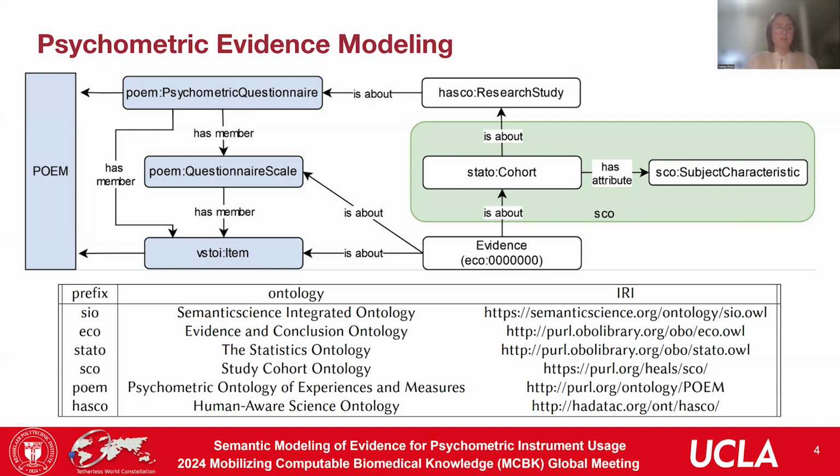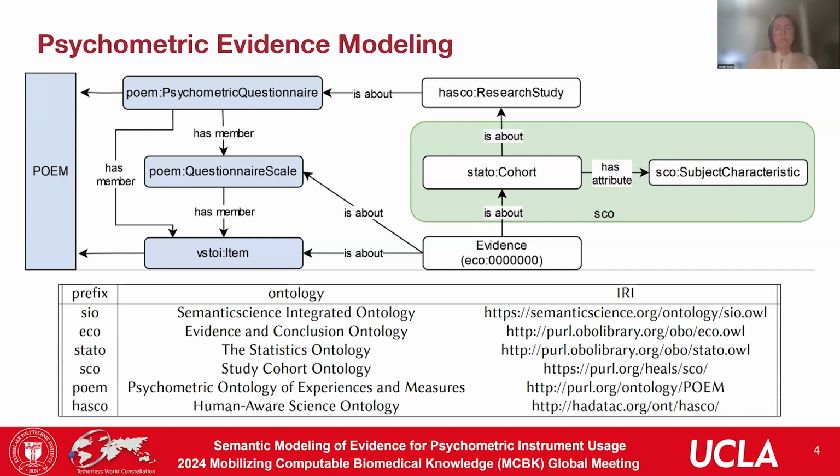Next, we have the Study Cohort Ontology, which supports descriptions of study cohorts, including demographic information. And we have the statistics ontology, STATO, which contains a lot of statistical tests and measures that are often used as psychometric evidence.